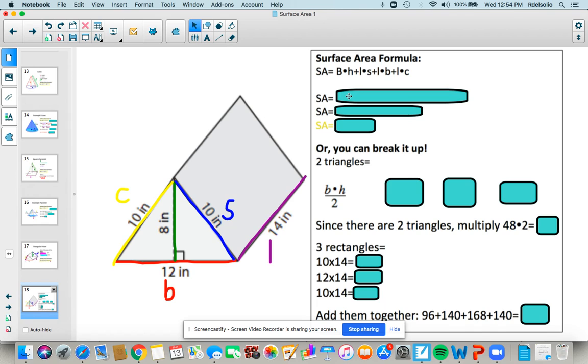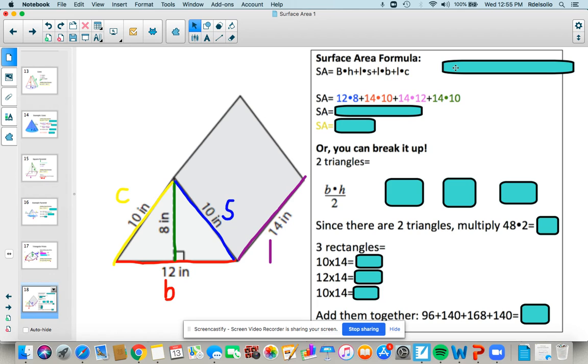Very helpful. So let's fill in our numbers into the formula. We have B, which is 12, times H, which is 8, plus L, the slant height, which is 14, times S, which is 10, plus L, again the slant height, 14, times B, which is 12, plus L, the slant height, 14, times C, which is 10.